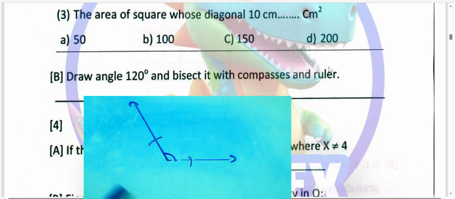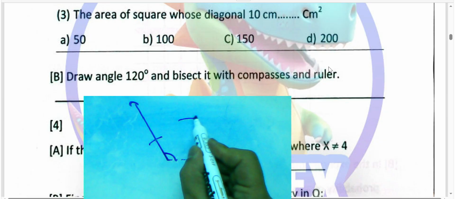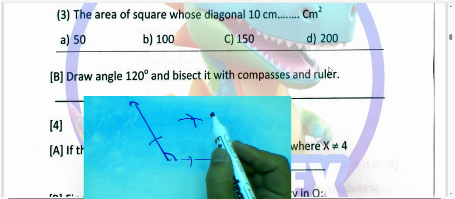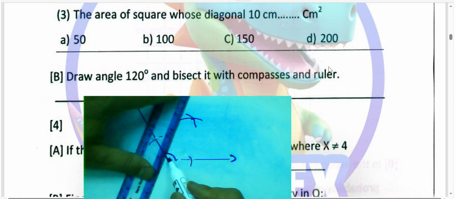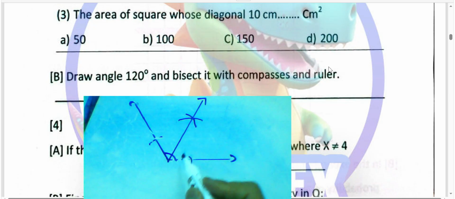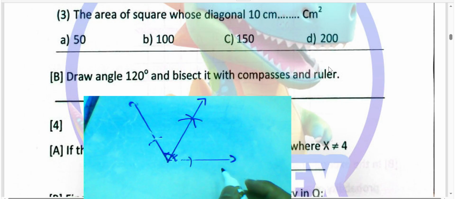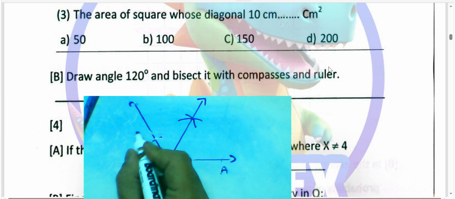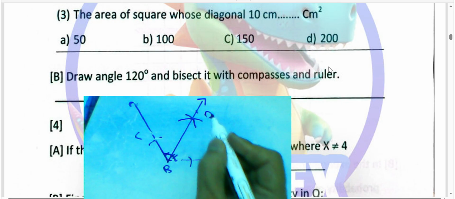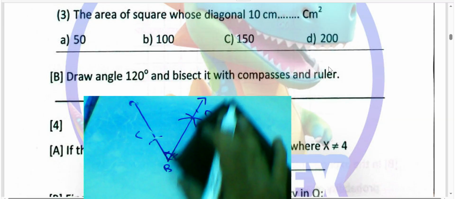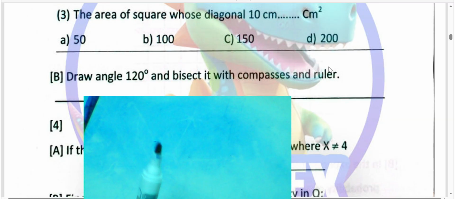They intersect at one point, this point, and then draw a ray like this. You bisect now the angle like A, B, C, and we have here BD. Understood?